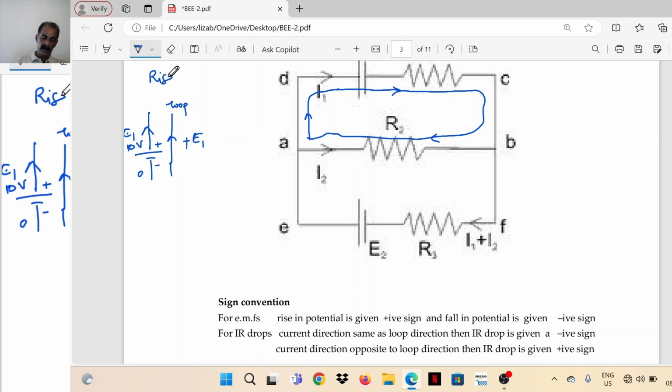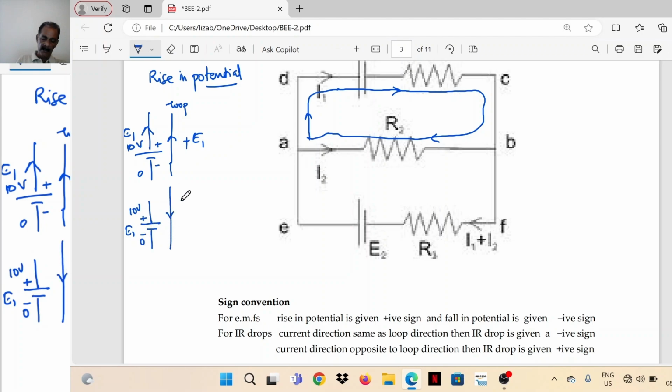So rise in potential. Say same example we'll take, same E1, 0 and 10 volt, plus and minus. If this is the direction of the path, so in the direction of the path, closed path or in the direction of the loop, here it is from positive terminal to negative terminal of the battery.